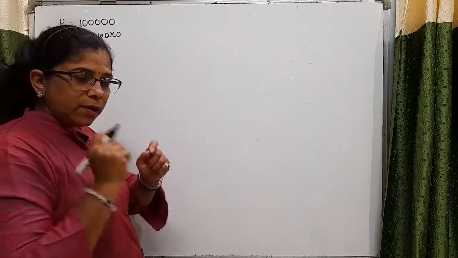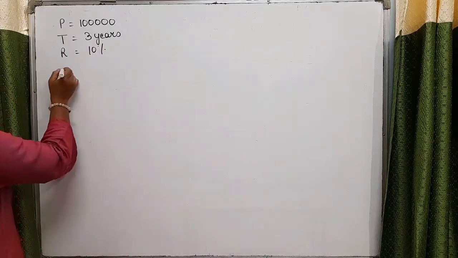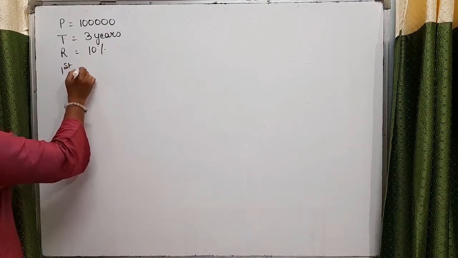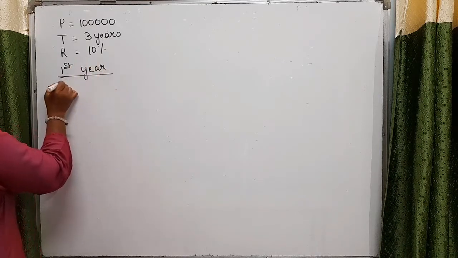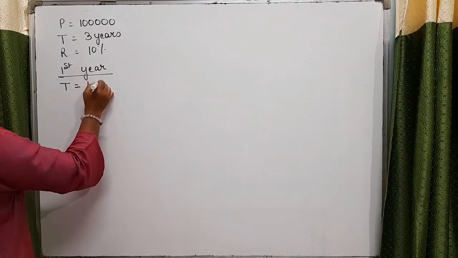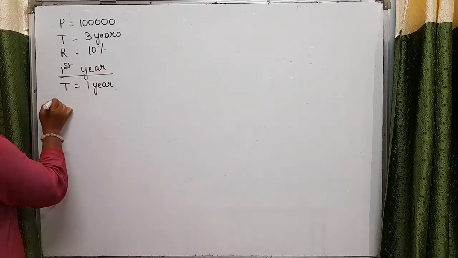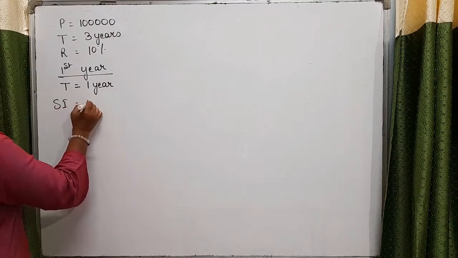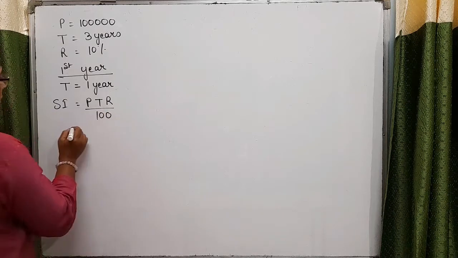First we will find interest for only 1 year, the first year. So we will consider only the first year. Now for the first year, as we are calculating interest only for 1 year, the time period is going to be 1 year. Formula for simple interest, PTR upon 100.